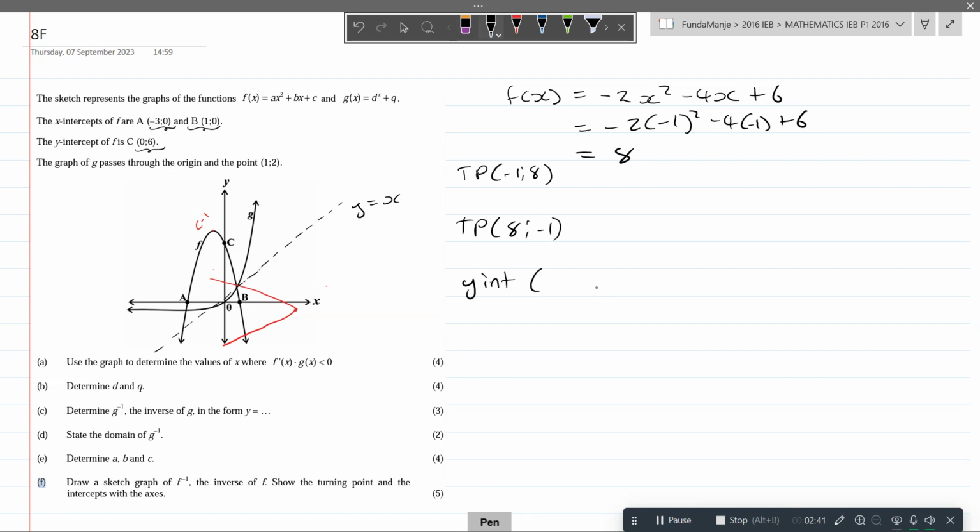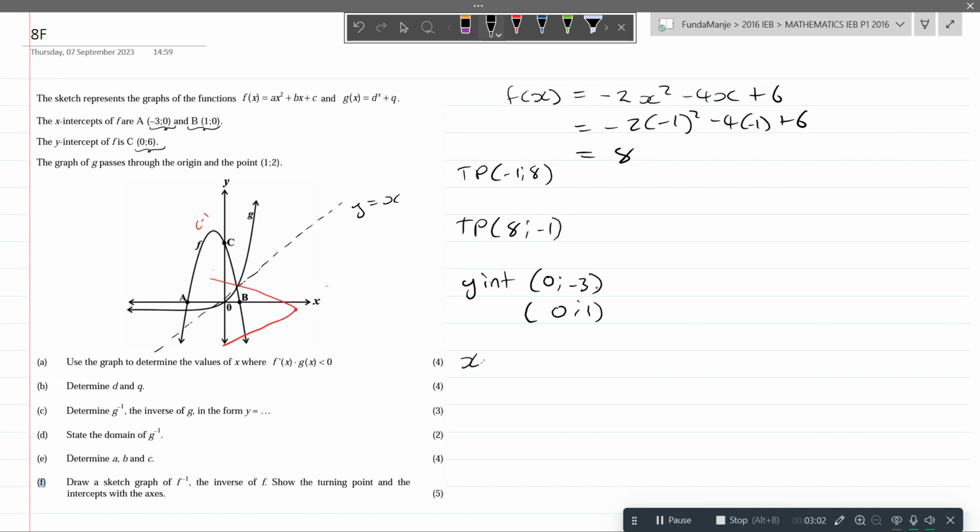Actually, they don't swap on that. It's (-3, 0), and this is x, y. Oh yeah, everything swaps, so even the coordinates. So that's going to be (0, -3), and the other one is (0, 1).